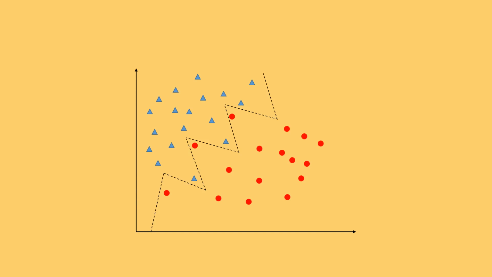If a person is having cancer and it is predicting that he is not having cancer, then it is a very dangerous situation. So we have to avoid that. In such cases, we go for nonlinear classification. In nonlinear classification, you can see here we draw multiple lines and separate them. So for nonlinear classification, we have to go for neural network.